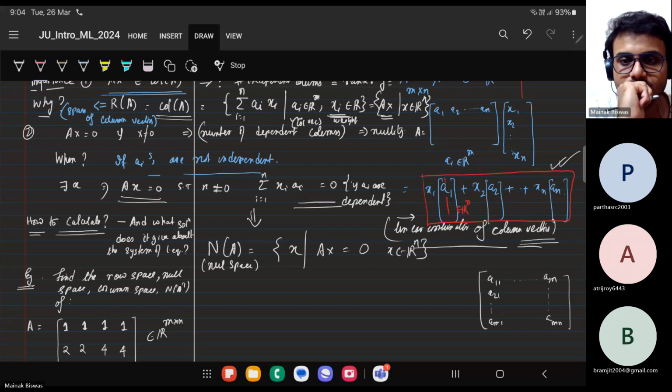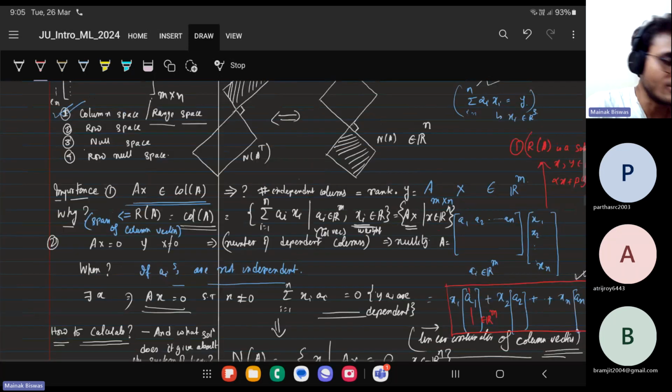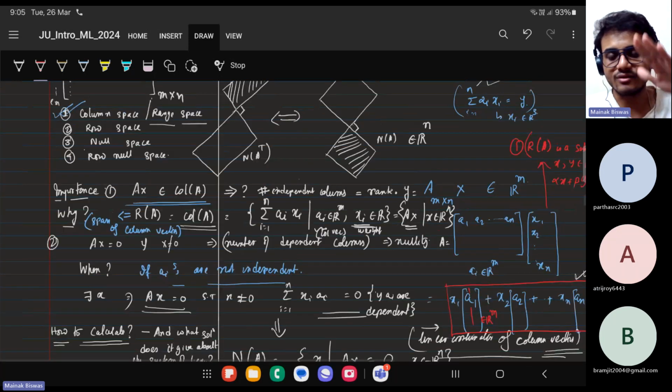R^m. So the sum of all of them would be in R^m only. That is the total vector space, but the subspace can be different. If you are taking a 3D space, it can be full 3D, 2D, 1D, or 0D if you have a zero matrix.